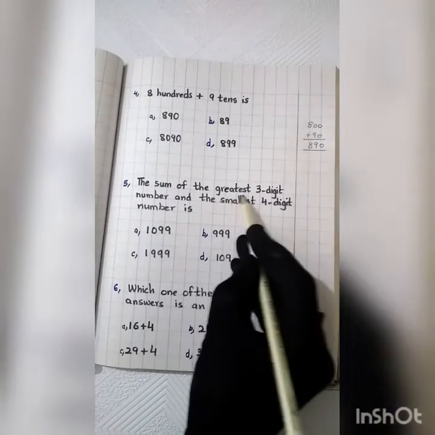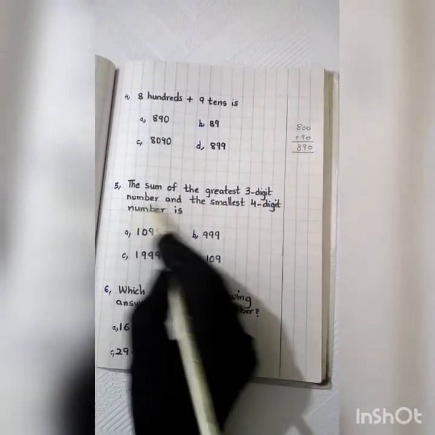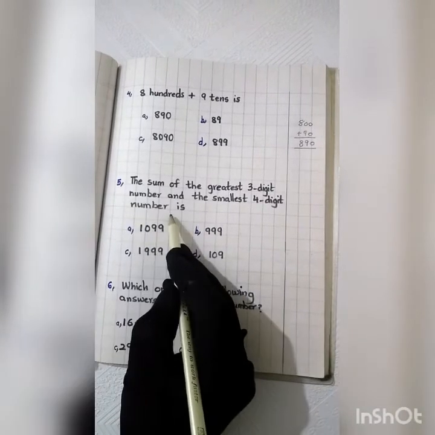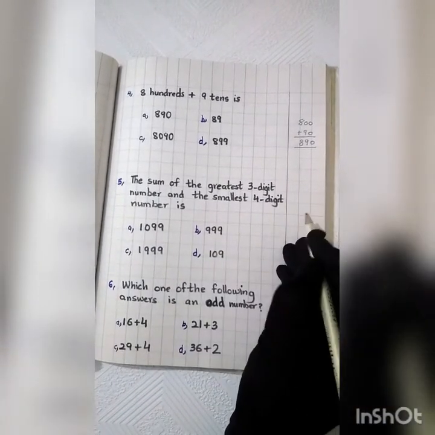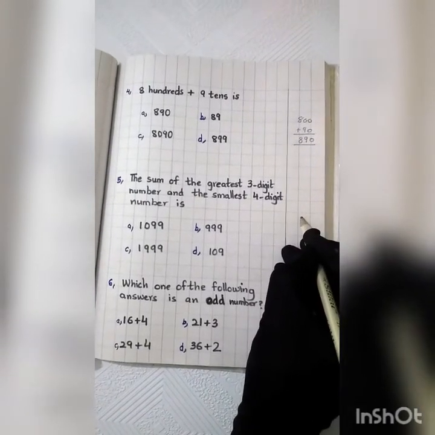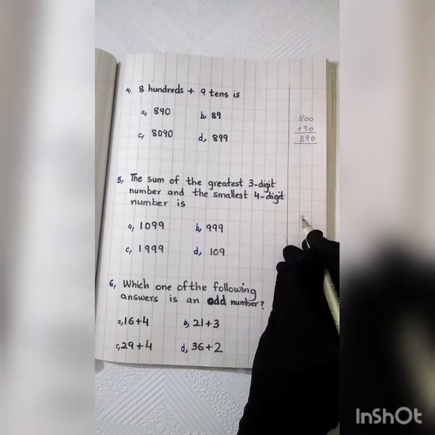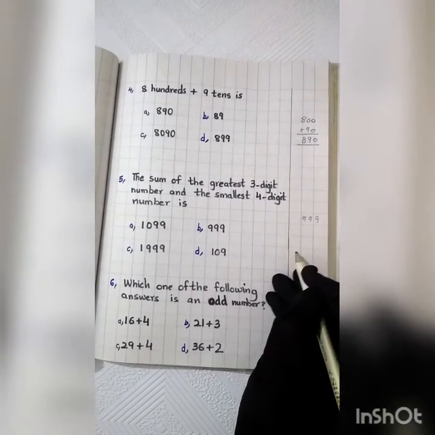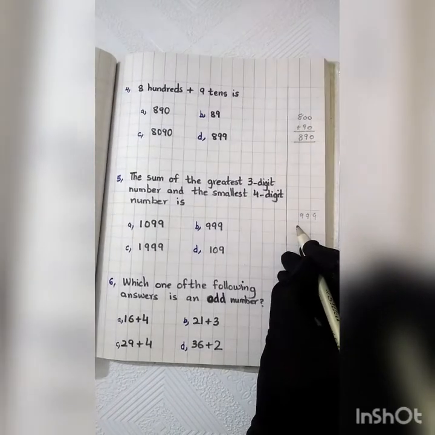Read the part 5. The sum of the greatest 3-digit number and the smallest 4-digit number is, children, the greatest 3-digit number is 999 and the smallest 4-digit number is 1000.